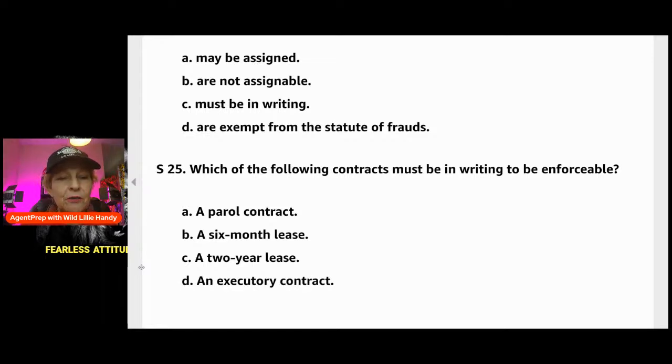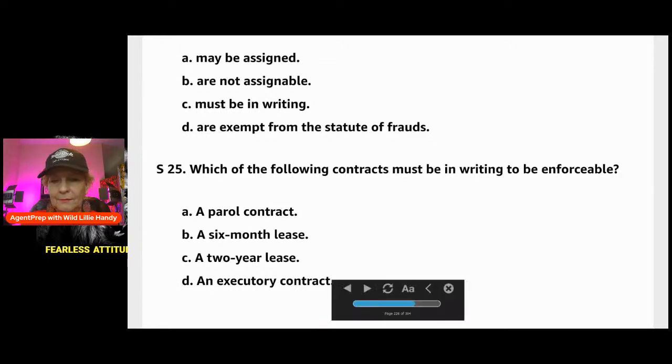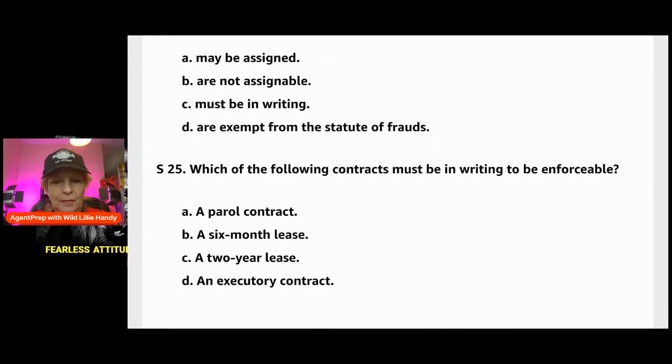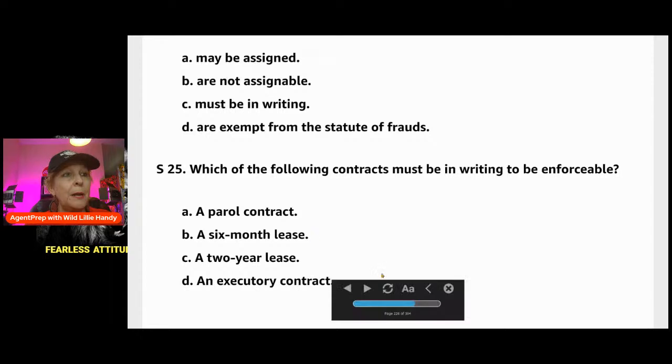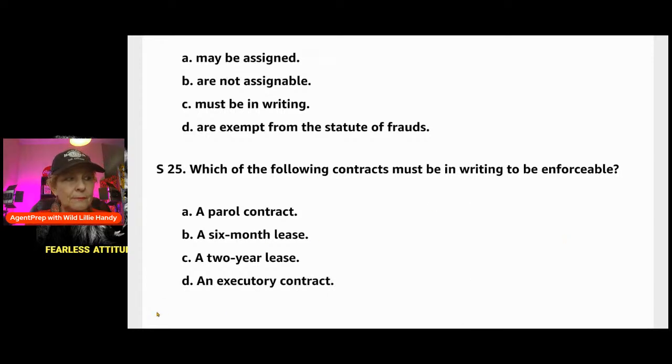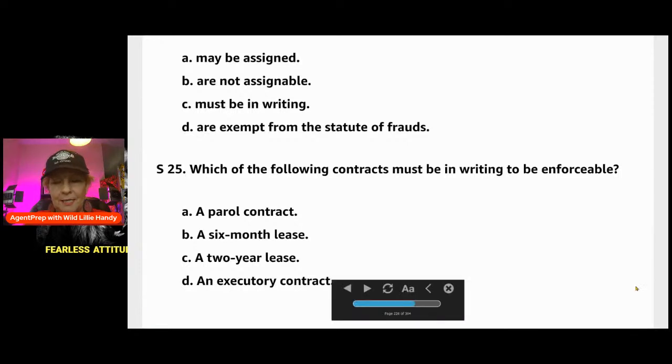C, a 2-year lease. Or D, an executory contract. All right, so far we have C. Which one must be in writing? Yes, very good. A 2-year lease.